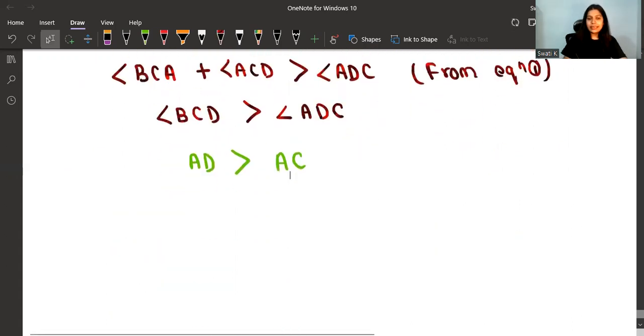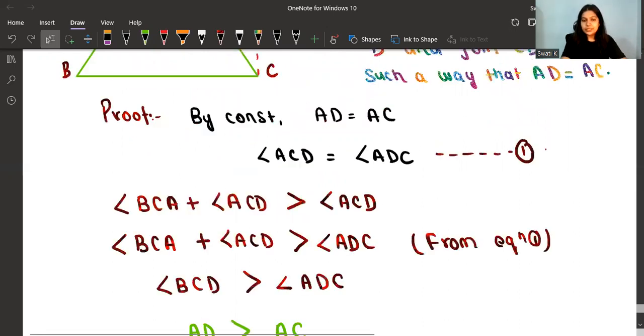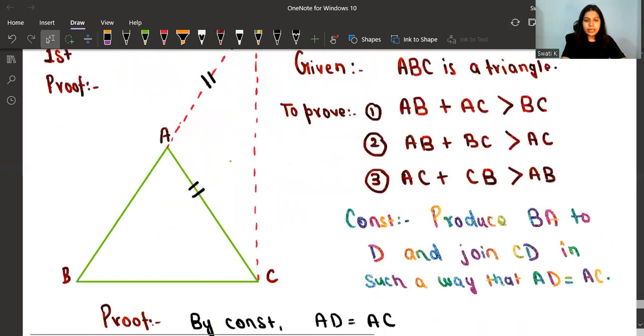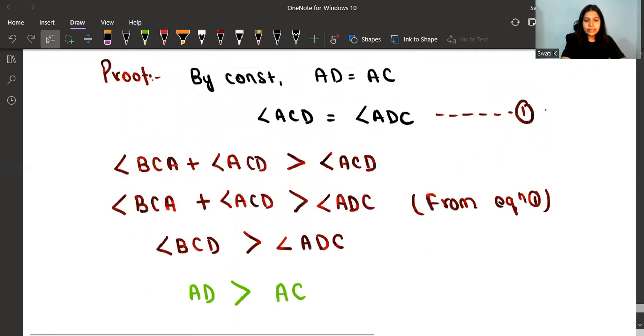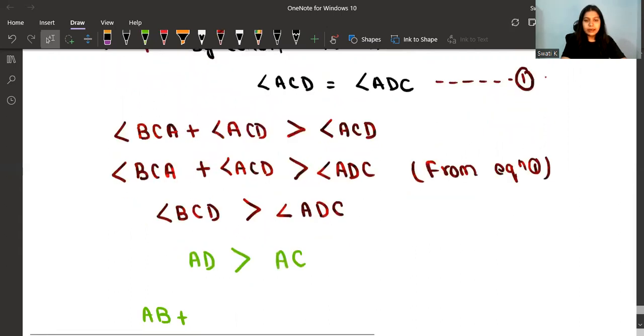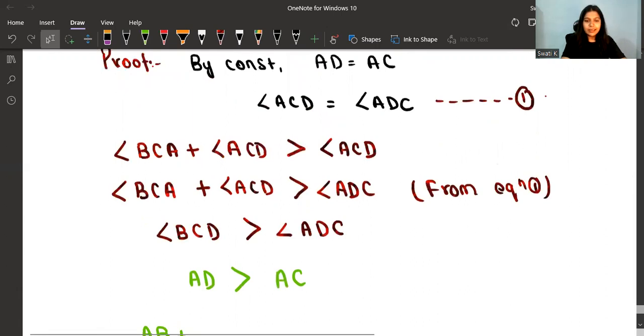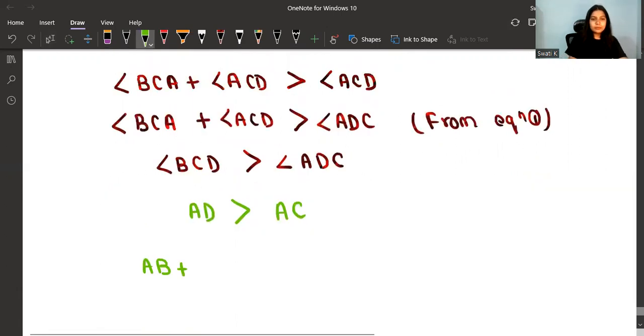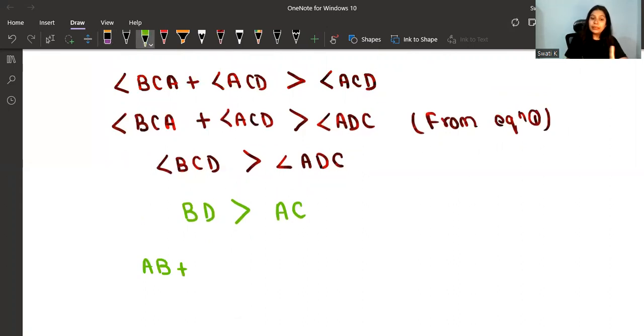Just a moment. I have written AD, which is not AD basically, it's BD. Yes. And now we can write down this BD as AB plus AD greater than, correct?